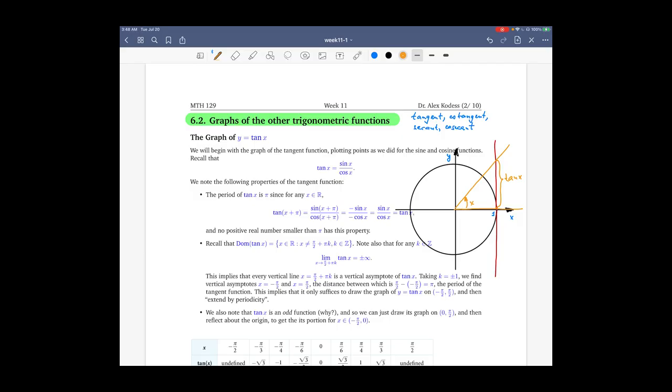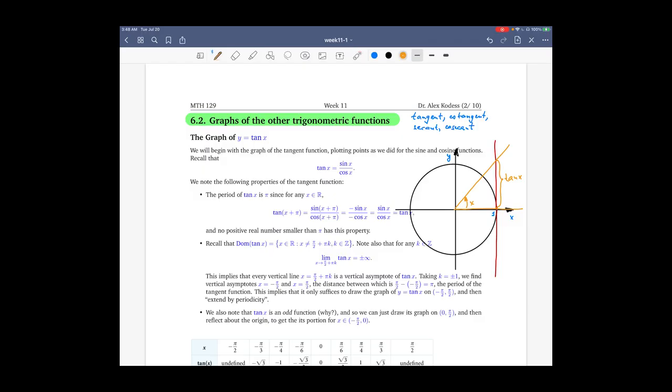From here, it is also immediate that tangent equals sine x over cosine x. Why is this distance, by the way, the ratio of sine x and cosine x? Where is sine x and cosine x?